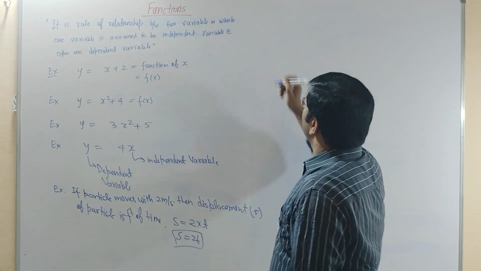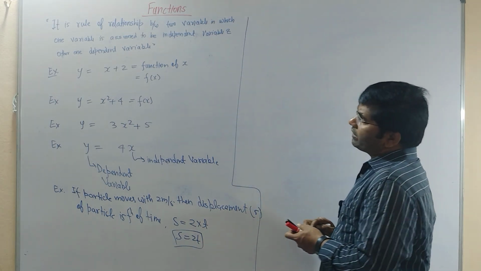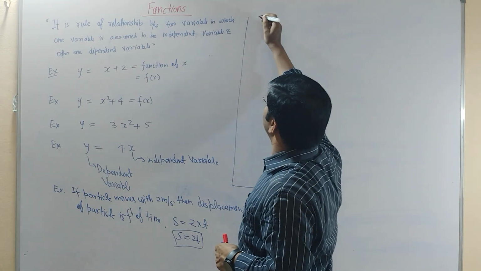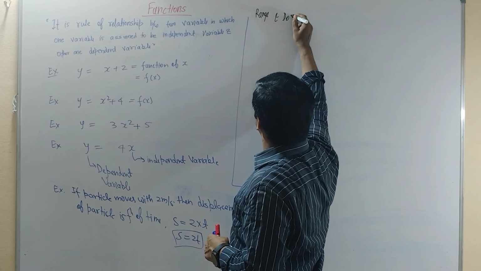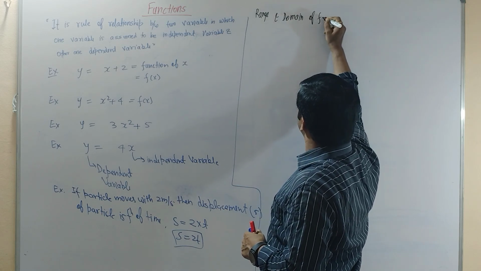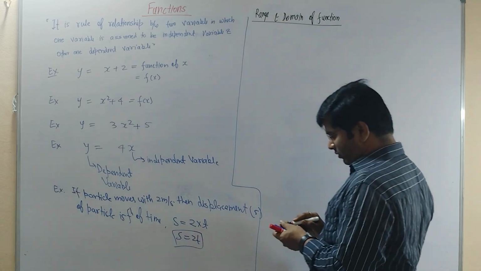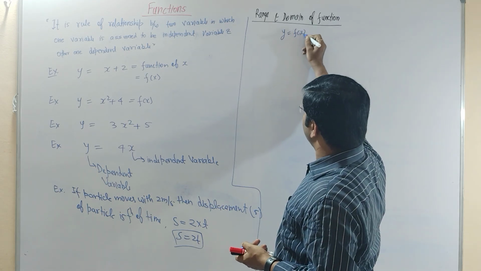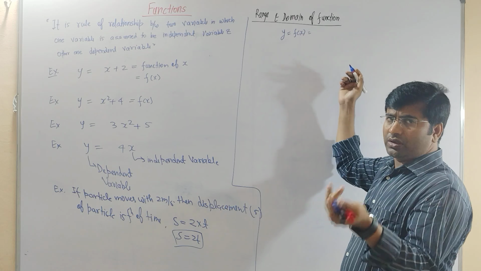Next, we can learn about the range and domain of a function, because sometimes it will be used. So, range and domain of a function. Let's say there is a function y equals f(x). f(x) can be anything like x plus 1, x plus 2, x square plus 1, x cube plus 1.